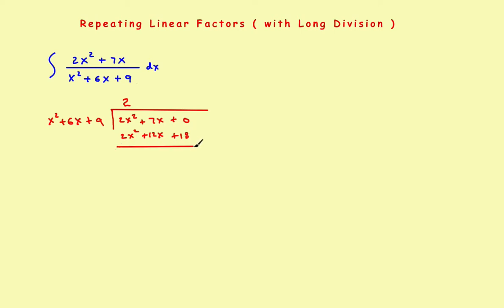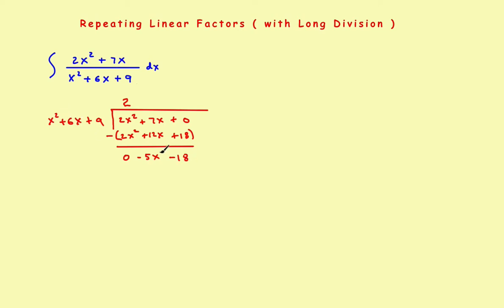Then what I usually do is put parentheses around it and change it to subtraction. This will give you 0. This would be 7 minus 12, which is minus 5x. And finally, 0 minus 18 is negative 18.